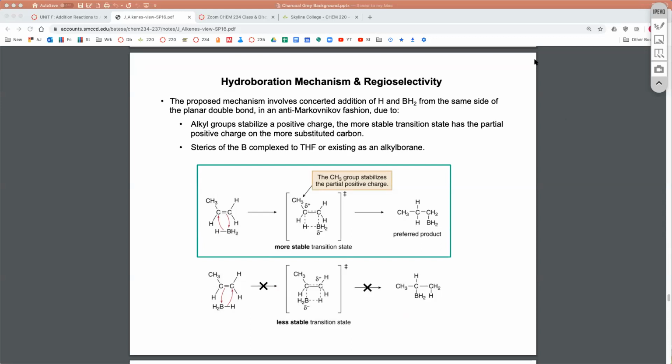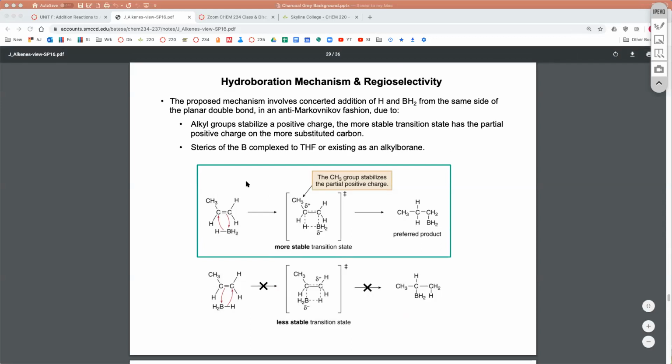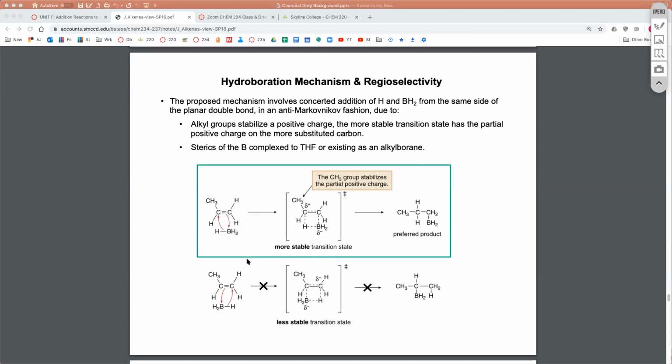So the mechanism here is being shown for you for a relatively simple compound. I'm going to go through it again in just a second with a slightly more complex one. But the thing that I want to mention is that you're often going to see this drawn this way, and I feel like it doesn't really show very effectively why the boron attaches to the less substituted carbon.